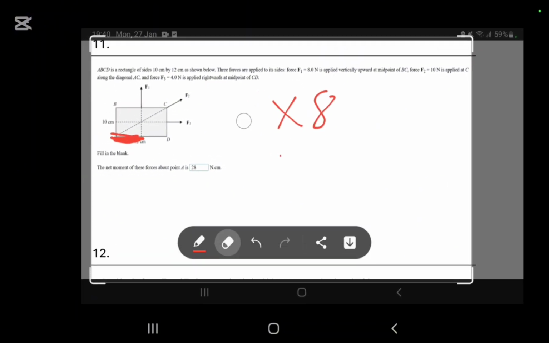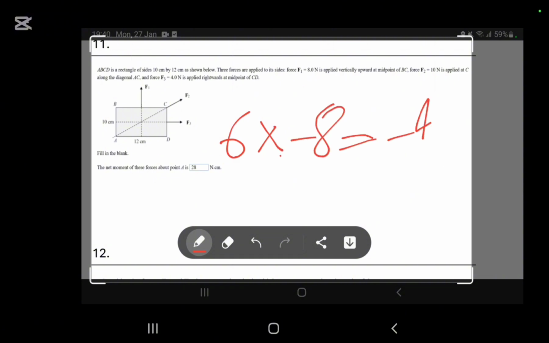We can use a pen, pencil, whatever, to find out that it's negative. 6 times negative 8 is equal to negative 48. So that's the torque of F1 done. Now let's find the torque of F2.